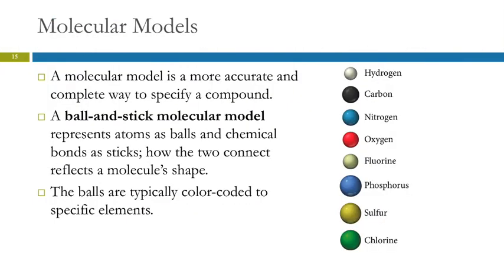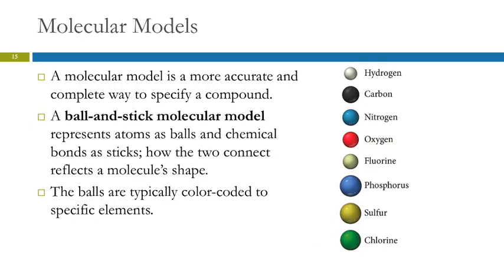We also use molecular models, and we've already used pictures. Those are molecular models. It helps us to get a better understanding of the shape of a molecule. It's more accurate than just the formula. We tend to use these colors to represent these different elements.